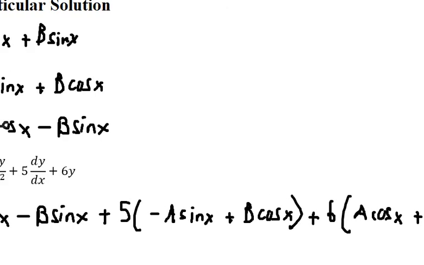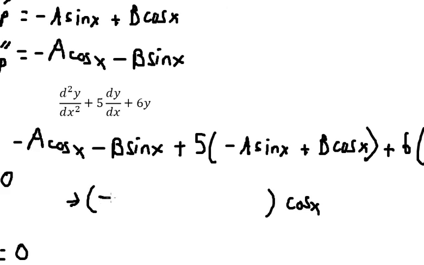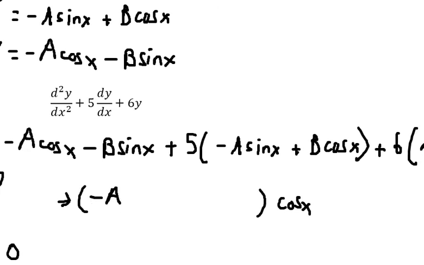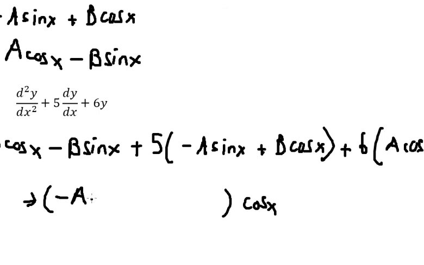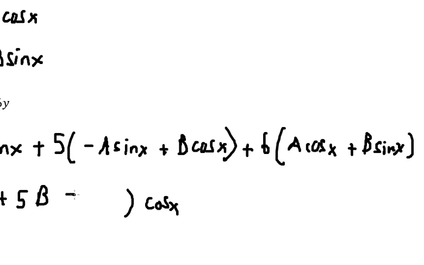Now, we need to simplify based on the terms of cosine x and sine x. About cosine x, we have negative a, I will put in here. 5 with b, I will put 5b in here. 6 with a, we put 6a here.